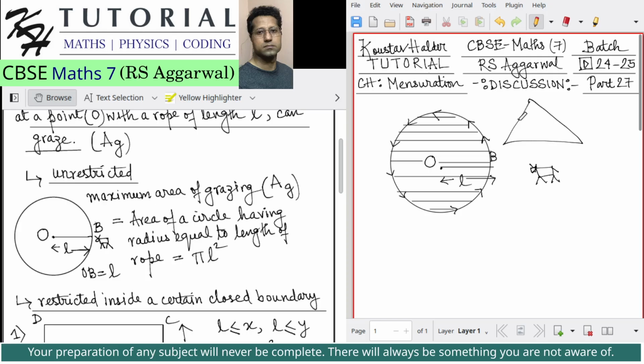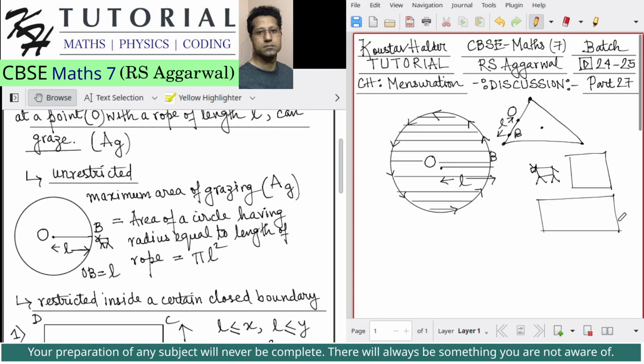Let's say the cow can be tied over here. This is the point where the cow is tied. Not cow, let's say any animal, and the length of the rope is OB. So this is L. The animal can be tied at the three vertices of a triangle, or in a square boundary, or in a rectangular boundary.